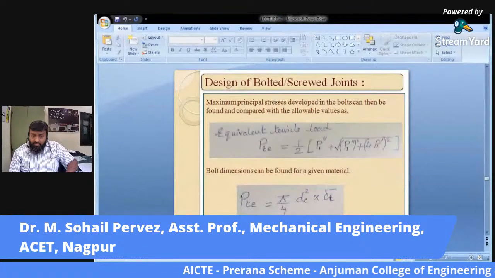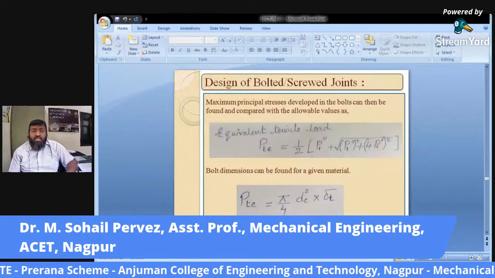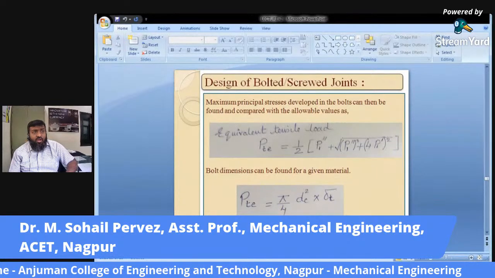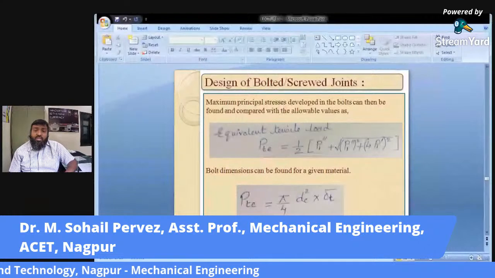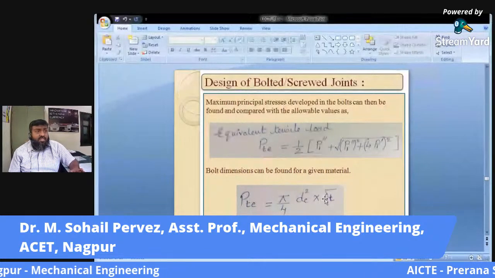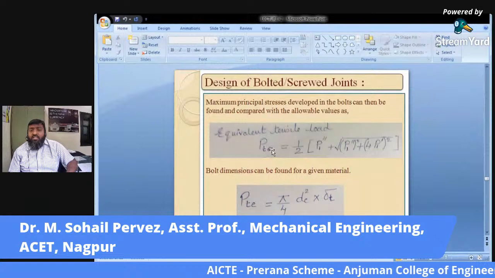Please mind well, we have to calculate equivalent tensile as well as equivalent shear. But generally, the equivalent tensile load is always of more magnitude compared to the shear load. That's why for simplification we are only dealing with the equivalent tensile load.